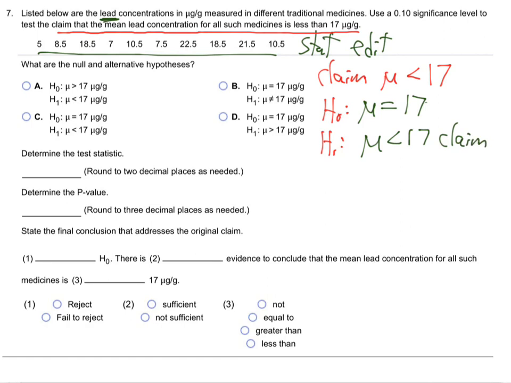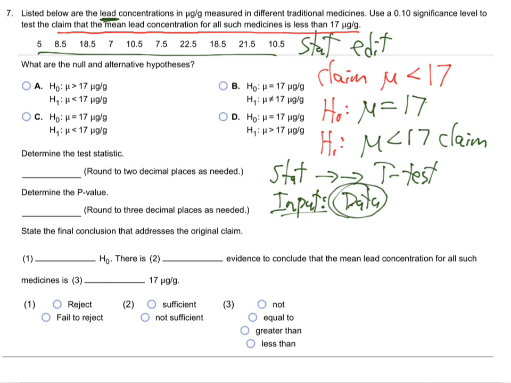Which is strong evidence. And so now let's go to our calculator. Then you go stat, go over to tests. Once you've got it put into L1, go down to T-test. And this time you're going to select the input from data, just like we did in the last section. This time data, because you're taking the L1 data.